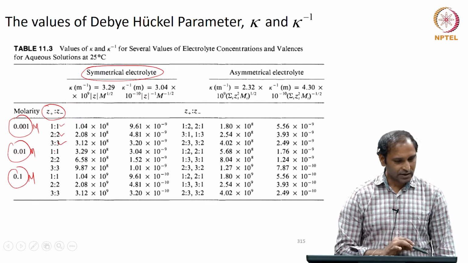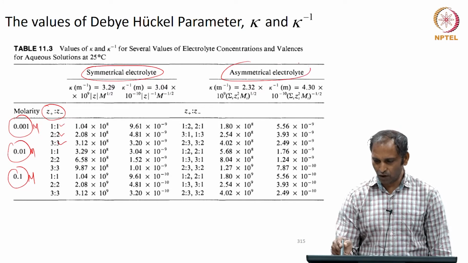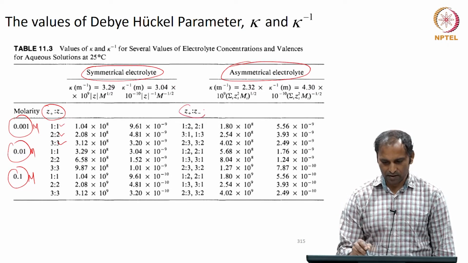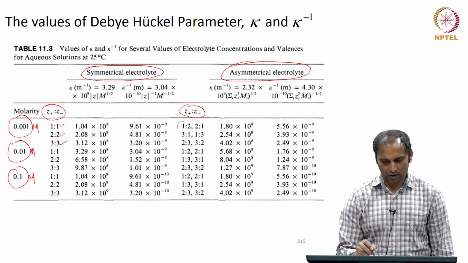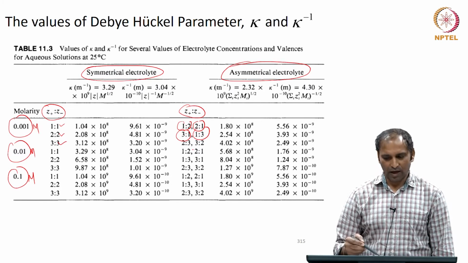The next few columns are for asymmetric electrolytes, where you could have 1:2 or 2:1 electrolyte, or 3:1 or 1:3.